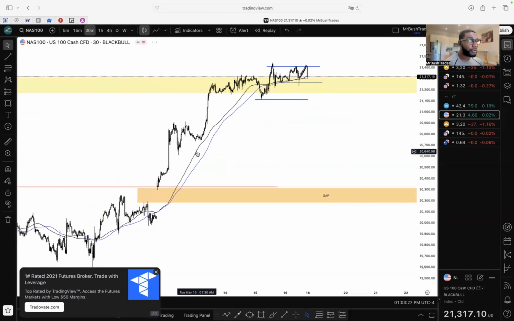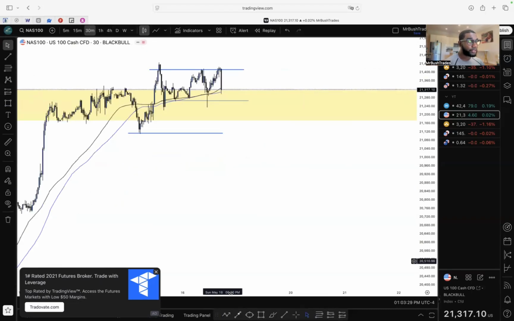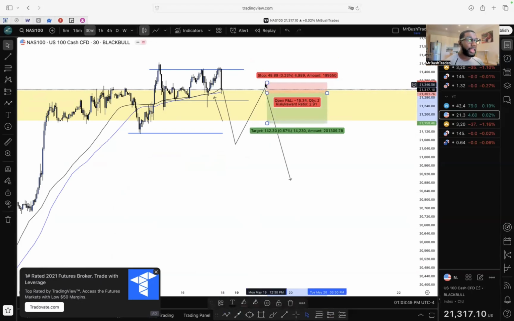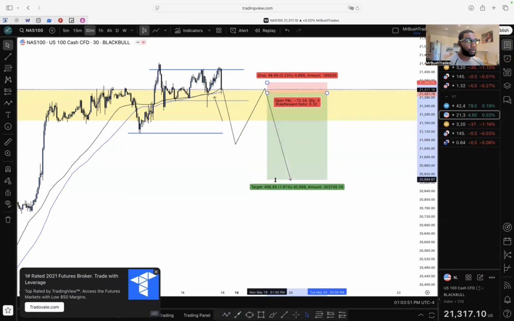Where we could look on M30. And if we get a break of this support right here, we could then look for price to make a lower low, lower high, lower low, and we can be looking at taking a sell, taking advantage of the sells and aiming for a lower low point, right?